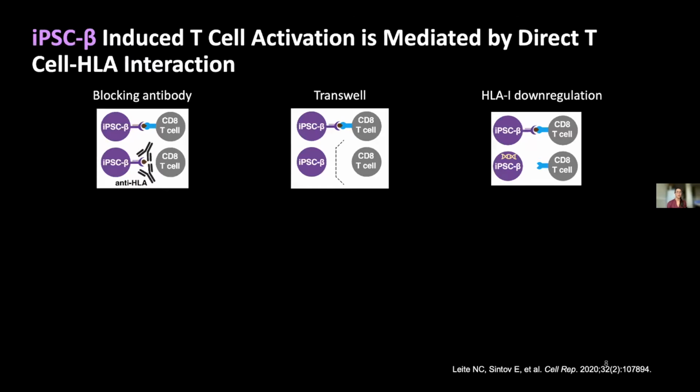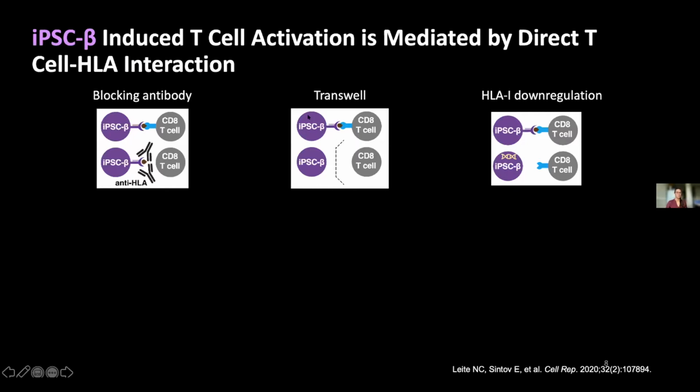Then our question was whether this T cell activation is mediated by direct T cell HLA interaction. In other words, if we prevent the T cell from binding to the beta cell, would the same effect happen? To test that, we used three different approaches. The first is a classical immunology approach, where we use an anti-HLA blocking antibody, so the T cell could not touch the beta cell.